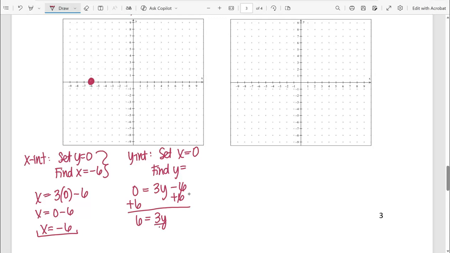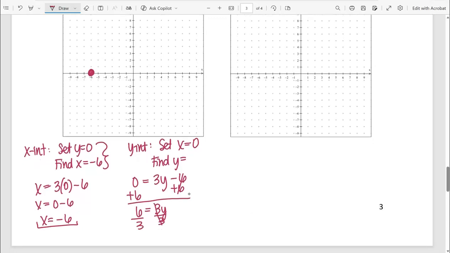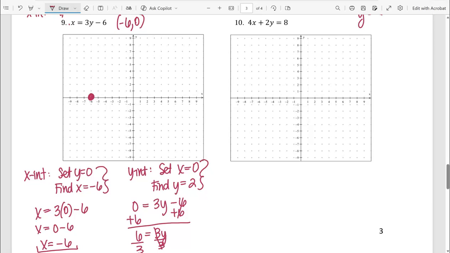And I undo the 3 by dividing by 3 on the other side. 6 divided by 3 is 2, and y is now alone. So together, the 0 and 2 create another ordered pair. 0 side to side, 2 up, and I get to graph my line.